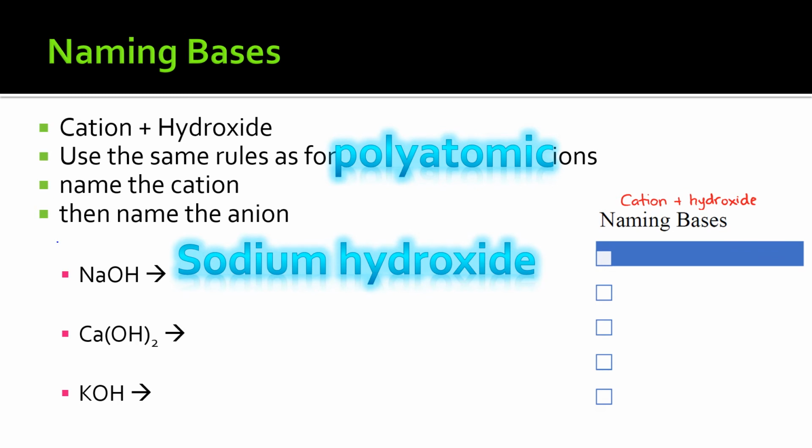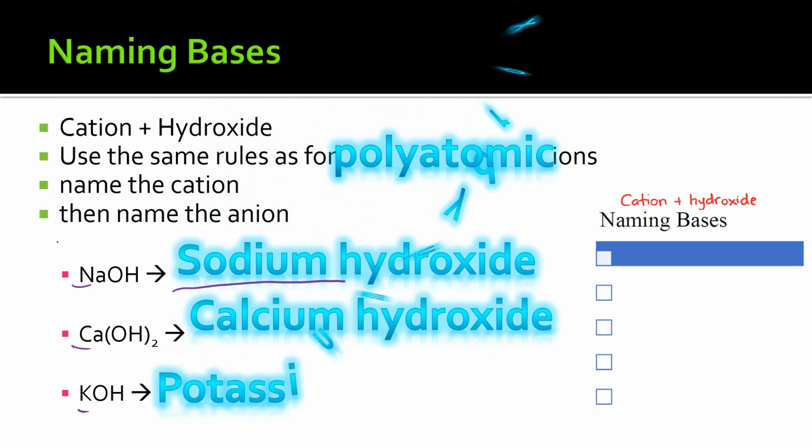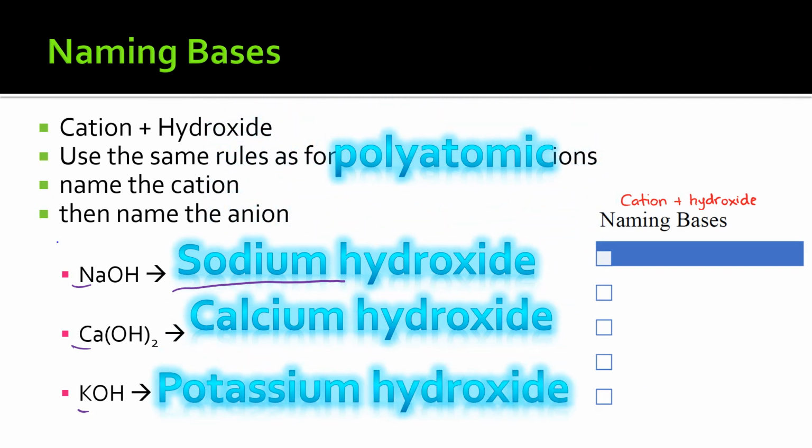Our example is sodium hydroxide, NaOH. We didn't change it at all; we simply named the cation, sodium. Hydroxide. Again, calcium hydroxide. Potassium hydroxide. Pretty simple.